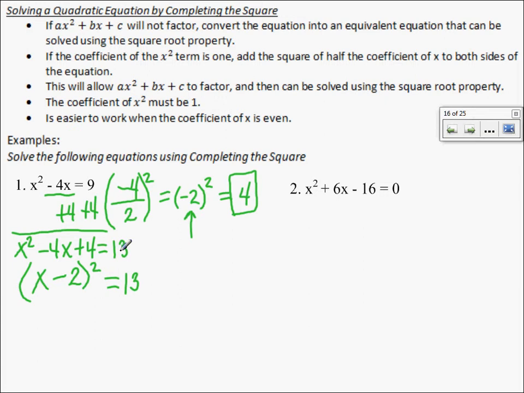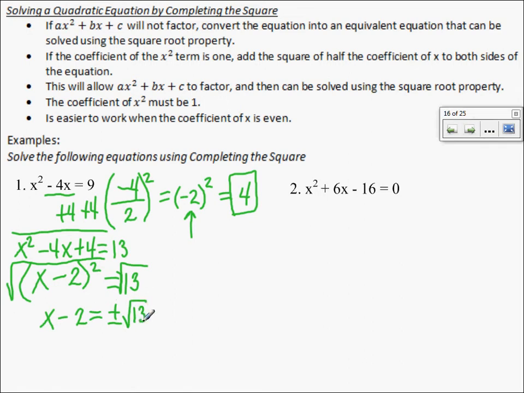Now using the square root property, that means just to take the square root of both sides of the equation. The square root and this square will cancel out, leaving you with just x minus 2 equals, once you take the square root of a number, you have both positive and negative versions of that number.